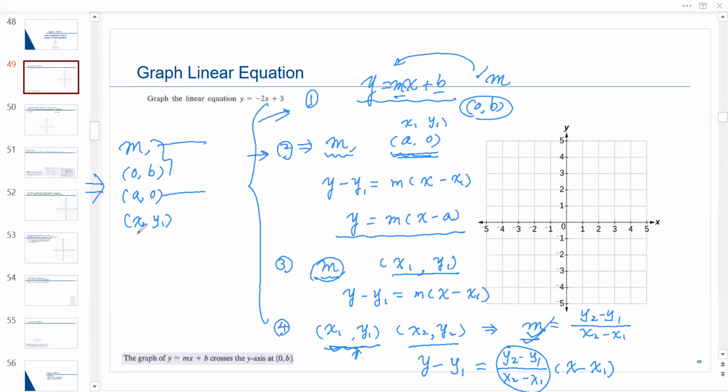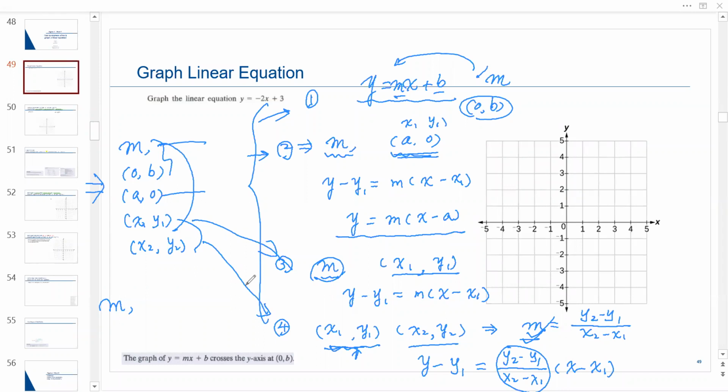If they tell you the slope and one dot, you can use the third method. If they tell you two dots, you can use the fourth method. The most important thing is to find a slope and a dot, a pair, so you can get the result quickly. That's what we learned from last class.